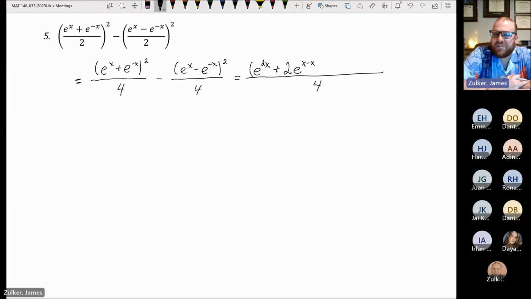No, negative x is not the reciprocal of x. x to the minus 1 would be the reciprocal of x. e to the negative x would be the reciprocal of e to the x.